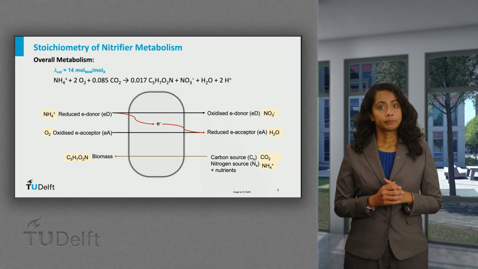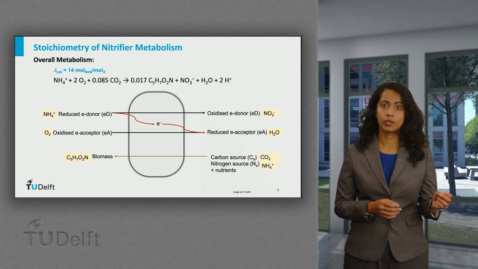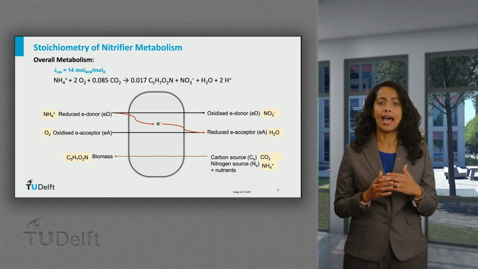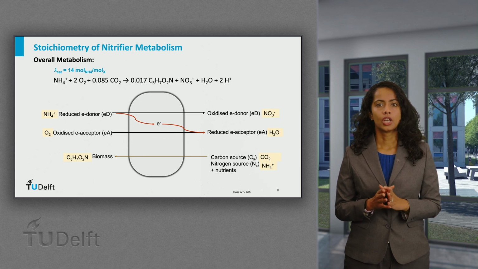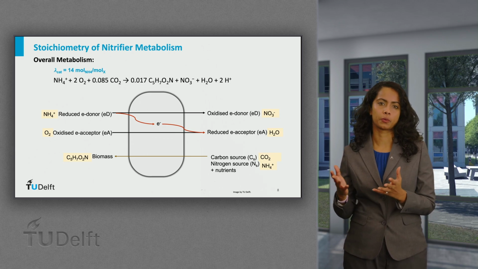In this reaction, 1 mole of ammonia is both the electron donor and nitrogen source, producing biomass and is oxidized to nitrate. 2 moles of oxygen serve as the electron acceptor, which is converted to water.